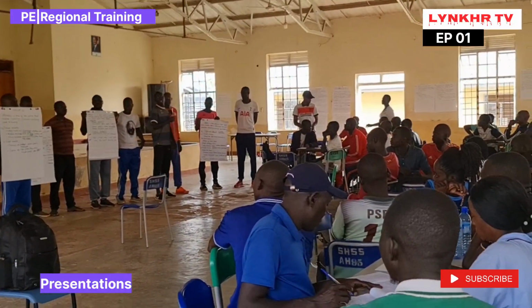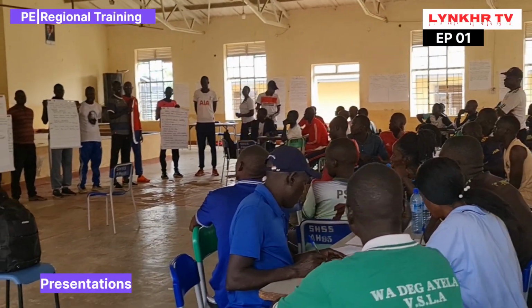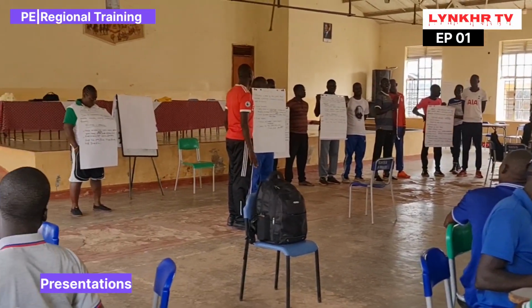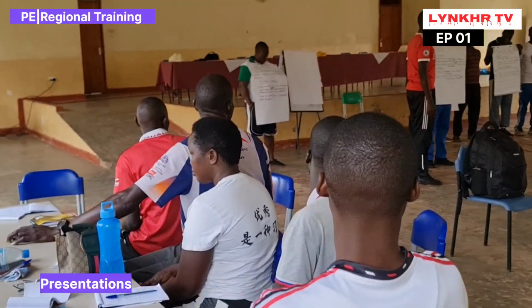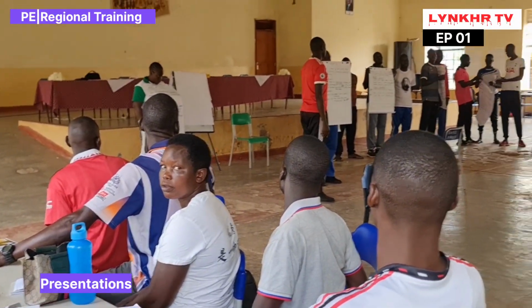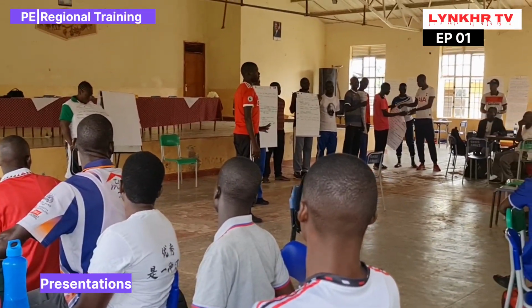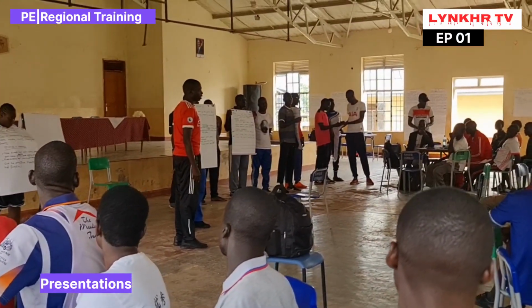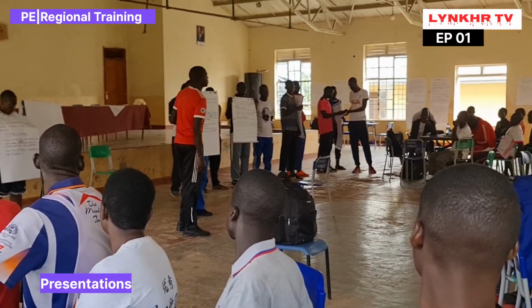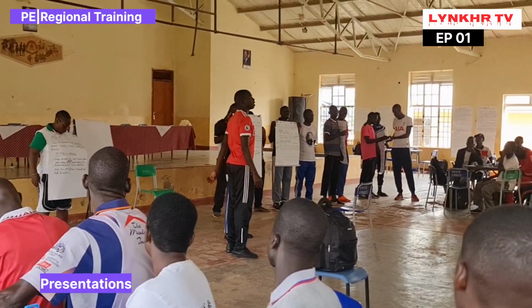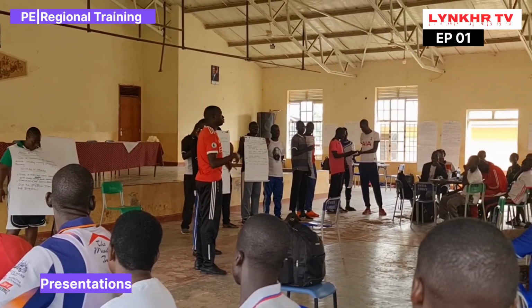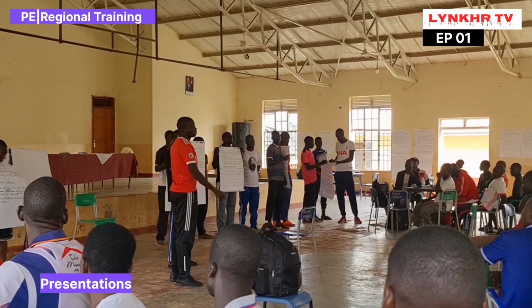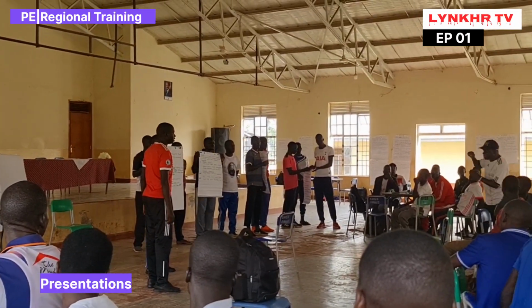The first one is track events, and under track events we have long distance races, which include the marathon, 10,000 meters, and 5,000 meters. In terms of laps, we can divide 10,000 by 400 because the standard track is 400 meters.